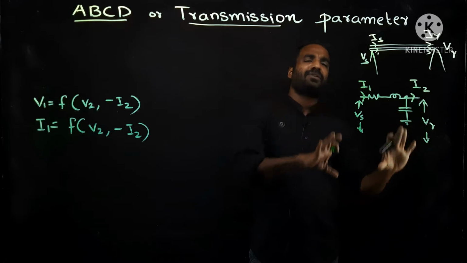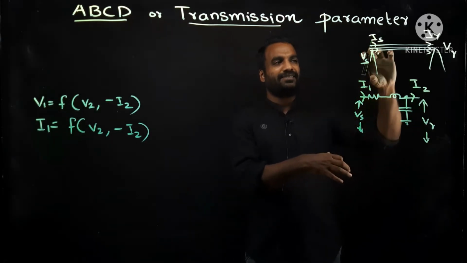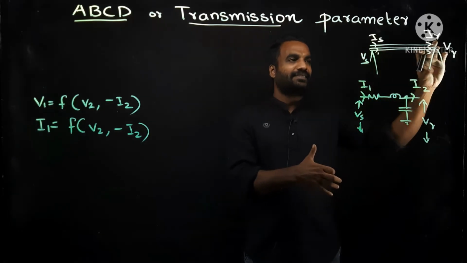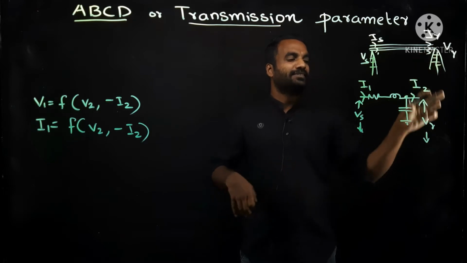So this can be modeled as a two-port network. This is one port, the sending end tower, and this tower is the receiving end.